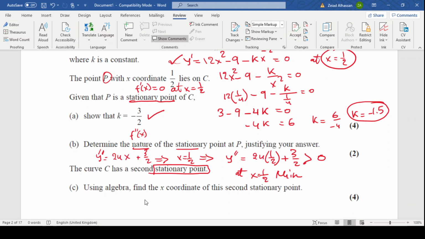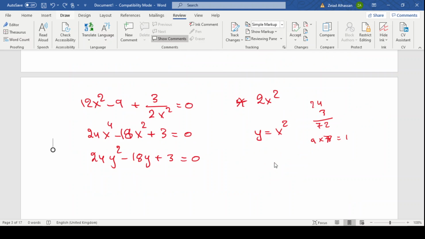So that's 24y squared minus 18y plus 3 equals 0. So now we come to factorizing, or by general formula. If we multiply 3 times 24, that's 72. So we need two numbers that multiply to 72 and add to negative 18.